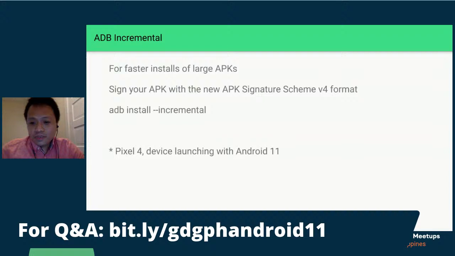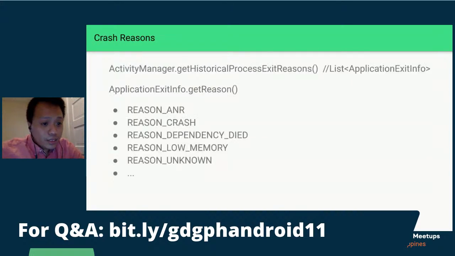Next, crash reasons. For example, our app crashes or something bad happened, so we can get the reason for that. Like, why did our app exit? They have this getHistoricalProcessExitReasons that returns a list of ApplicationExitInfo.